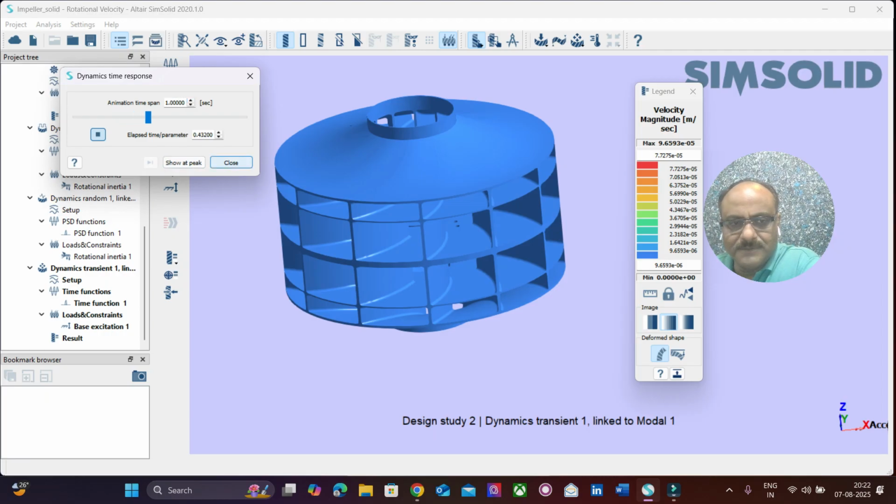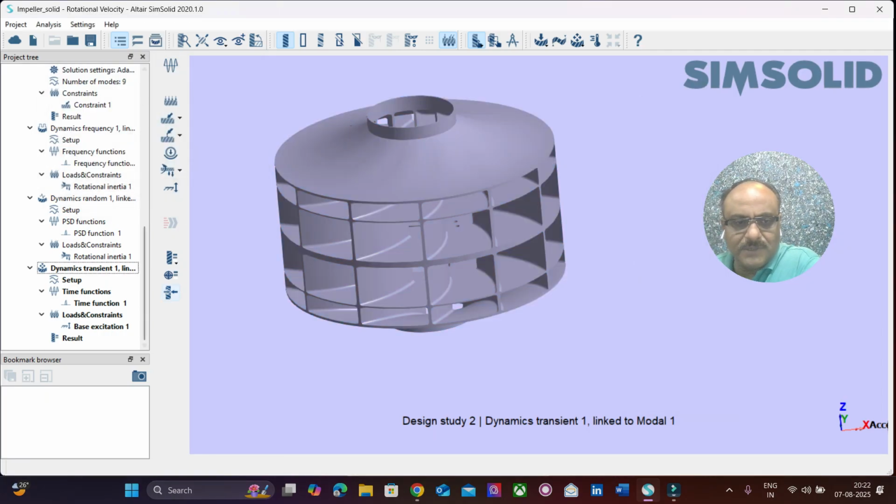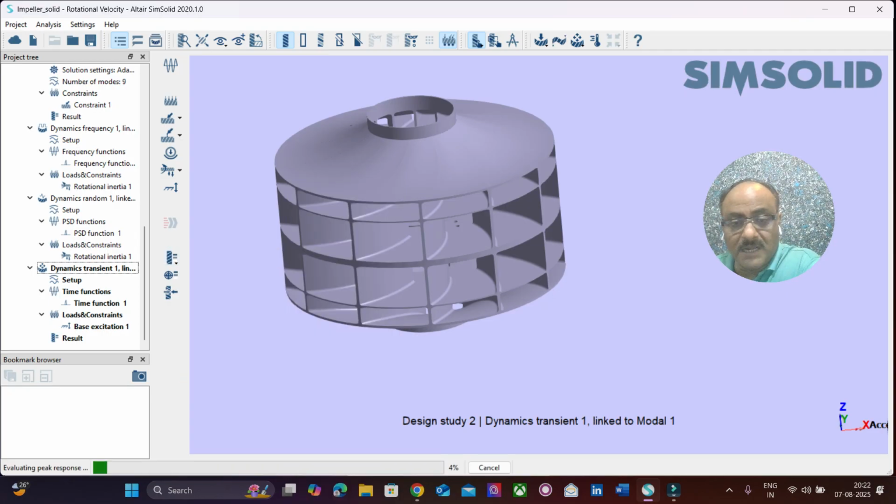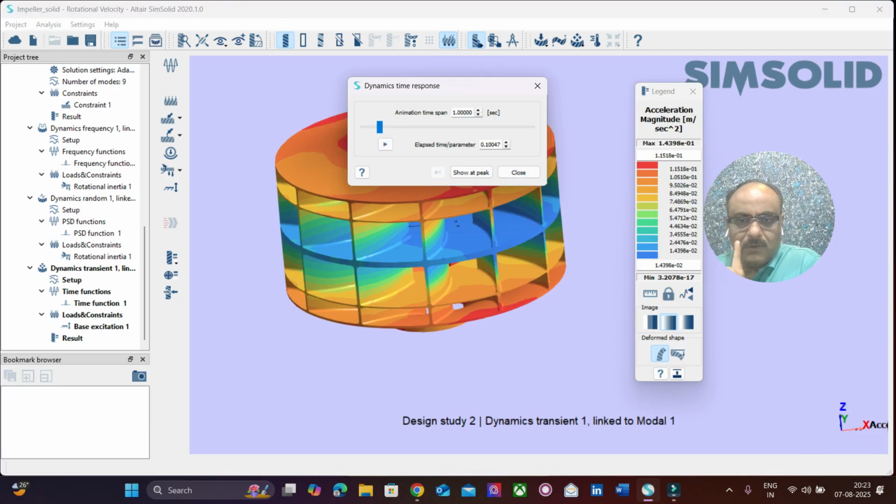That's one pulse. Now let's try to find out the acceleration magnitude. We have applied a 1 G force with a pulse of 0.1 second, and the entire structure is going to operate for 1 second. That is what we are seeing here.